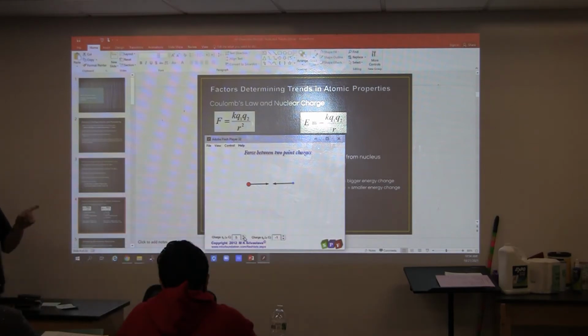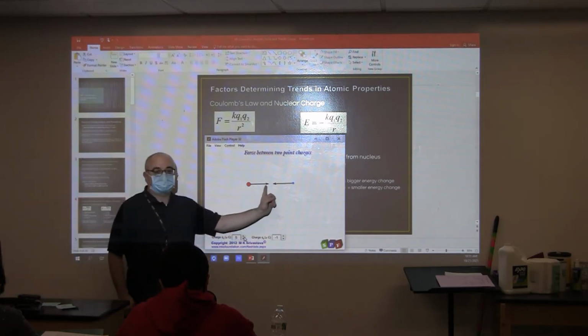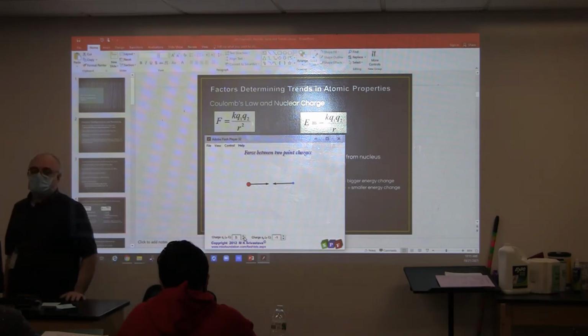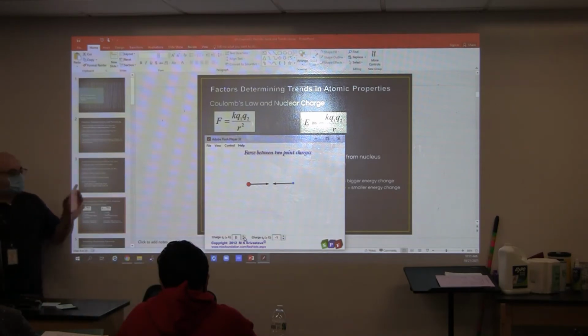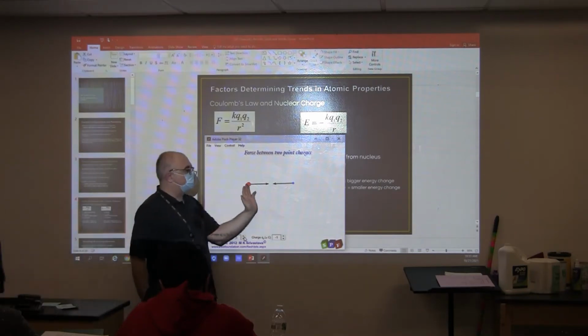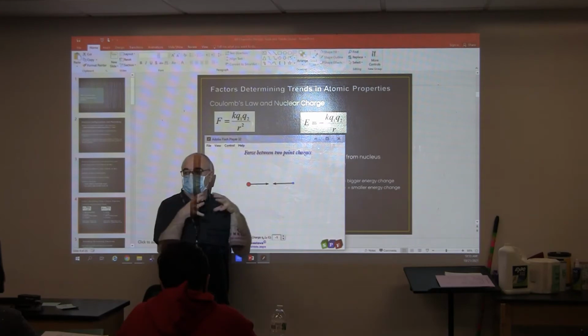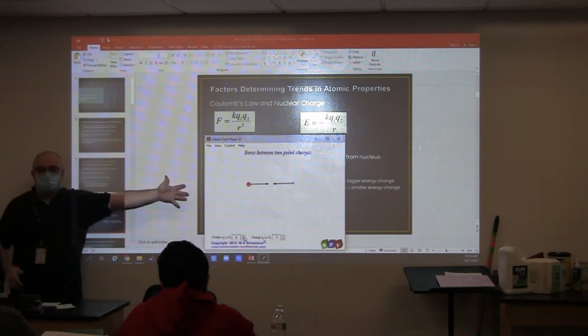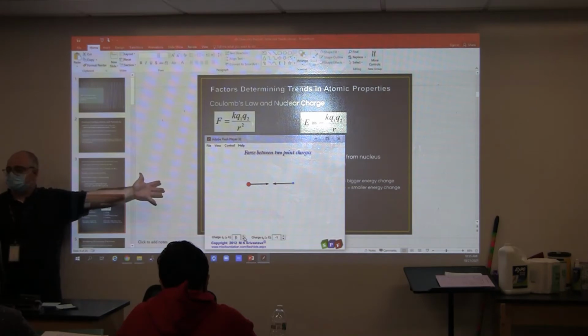The other thing I want to point out is, do you notice that even just increasing one charge affects both arrows? This is essentially Newton's third law, action-reaction. It's not that one just pulls on the other, they mutually pull on each other. So even if I just increase one charge, they both feel the difference. They both feel the total force between them. Is that kind of clear now, conceptually for you?